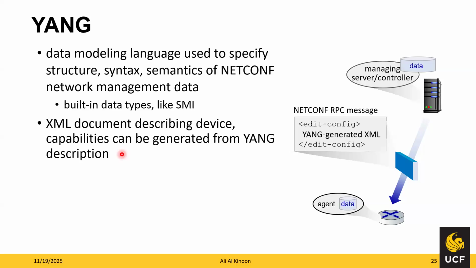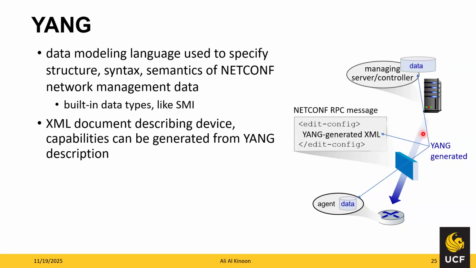It removes the guesswork and ensures there's interoperability between different vendors. And here you see how each device can generate XML documents or XML data, and this is basically YANG generated.